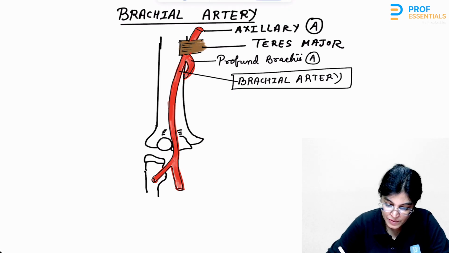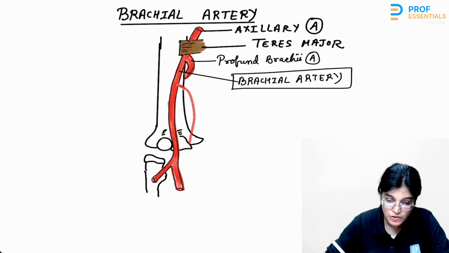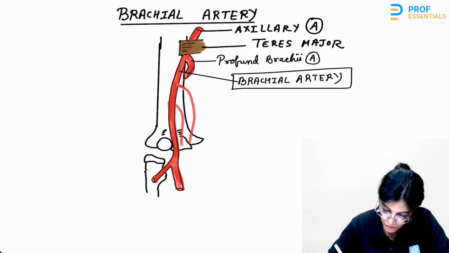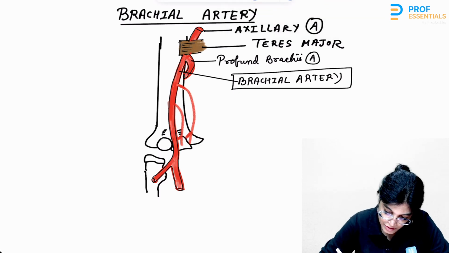So brachial artery is giving branches, that is the superior and inferior ulnar collateral arteries. So these branches are ulnar collateral arteries.